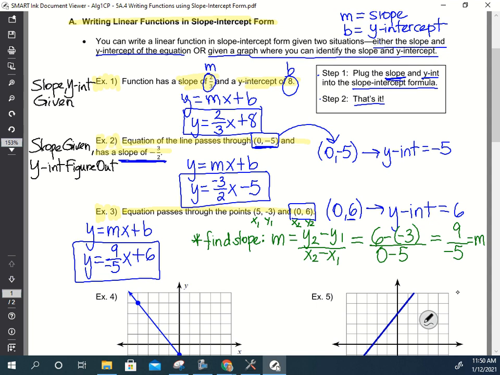And for example 3, the y-intercept you had to figure out, and you had to find the slope. So it got a little harder as you went along.